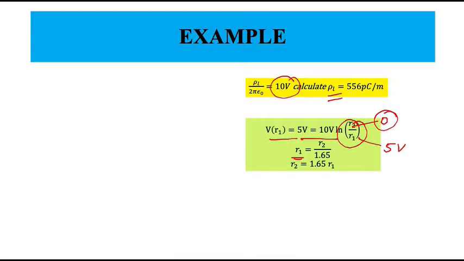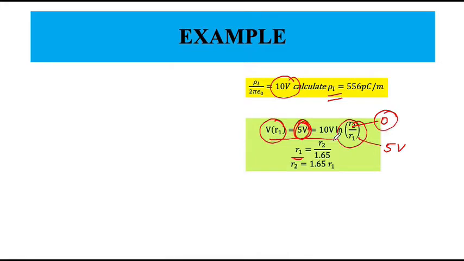Such that the potential there will be equal to 5 volts. Remember that a potential rise will happen only when I move against the electric field. So I have V at R1 equals 5 volts.